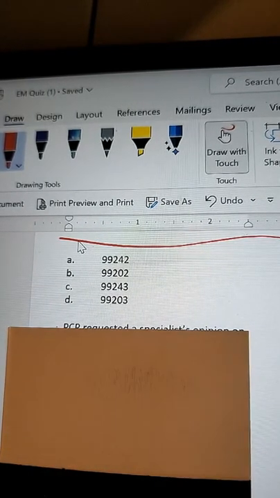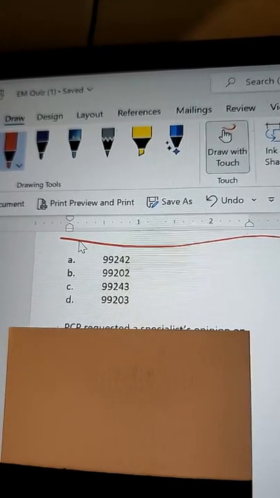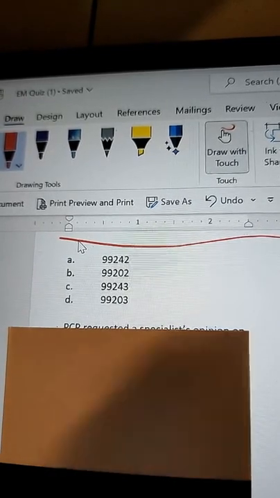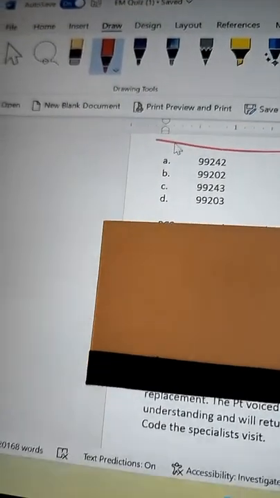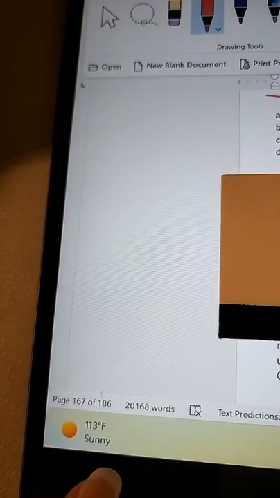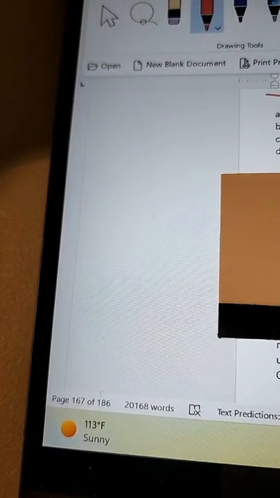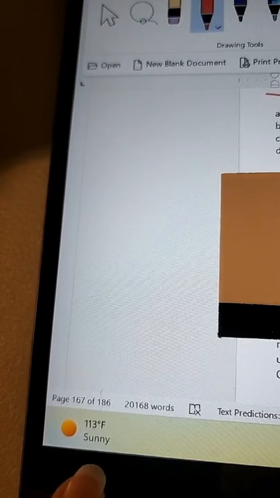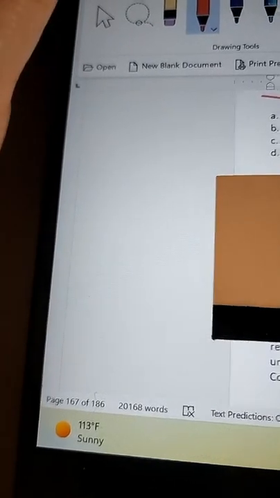Plus, did y'all see the temperature yesterday? I posted it in the Discord room. 118 degrees. Look right here. 113 degrees today. Where's my temperature? Right now outside. And it is 7 p.m. at night. I ain't going nowhere.